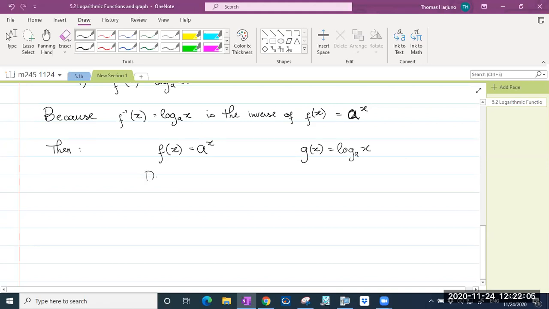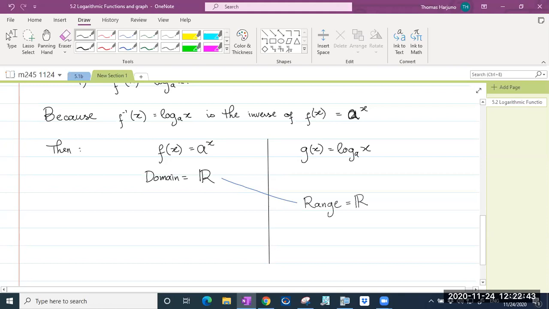What is the domain of the exponential function? The domain of the exponential function, let's say 2 to the x, is all real numbers, right? Now when you look at the inverse, that domain will become the range. The range of the logarithmic function will be all real numbers.